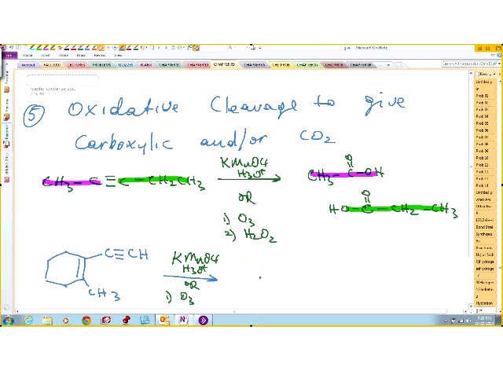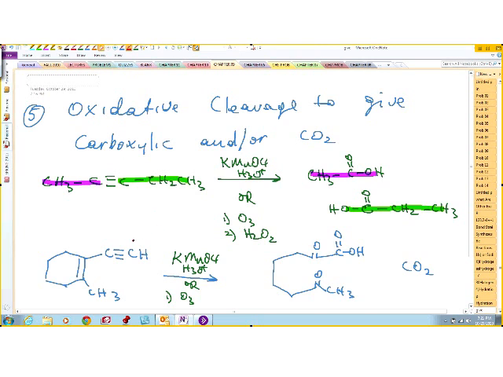We should expect to get this. The same thing will happen if you use ozonolysis. And then this here, plus carbon dioxide. You see that?